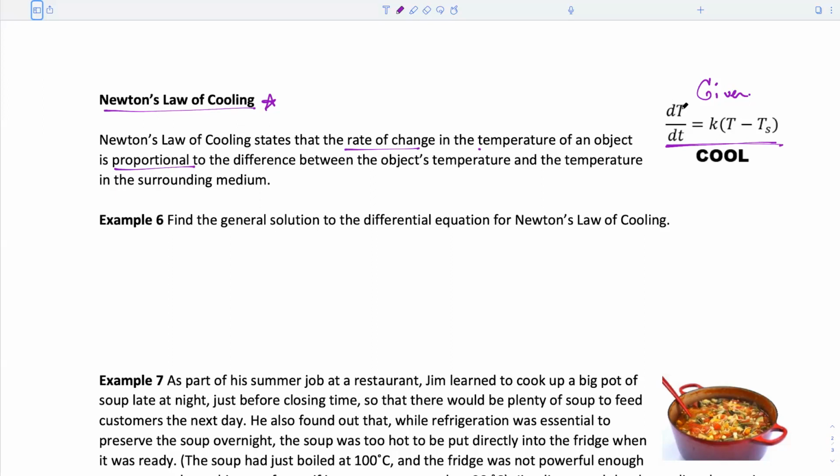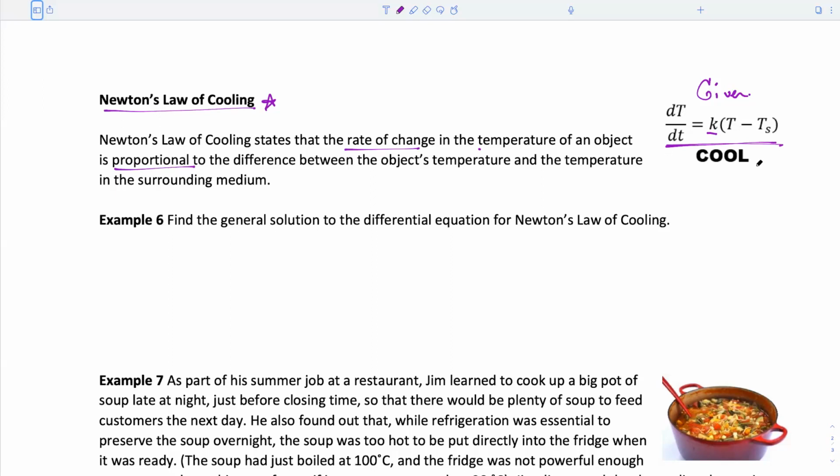All right. So the change in the temperature over the change in time is directly proportional to the rate times the temperature minus the temperature of the surroundings.